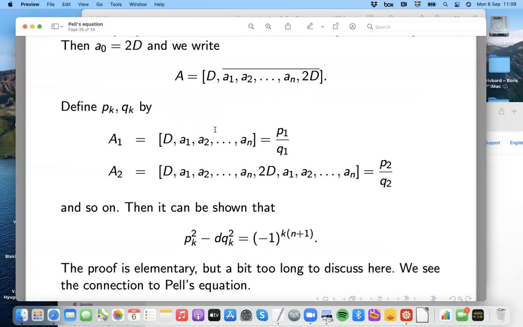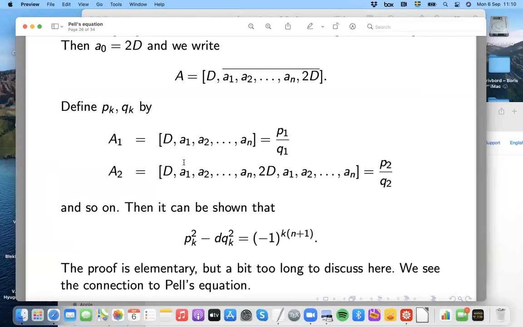It says that if D is the integer part of the square root of d, let us look at the rational number which has this expansion D, and then a1, a2, through an, and call this p1 divided by q1.